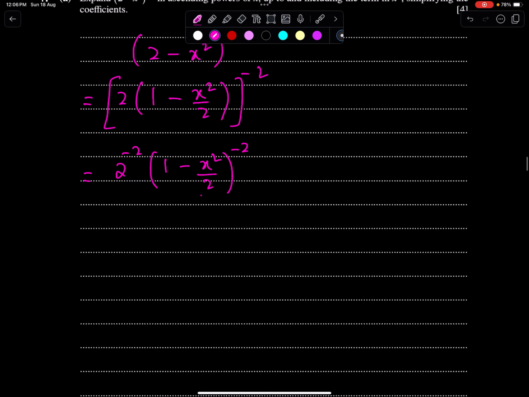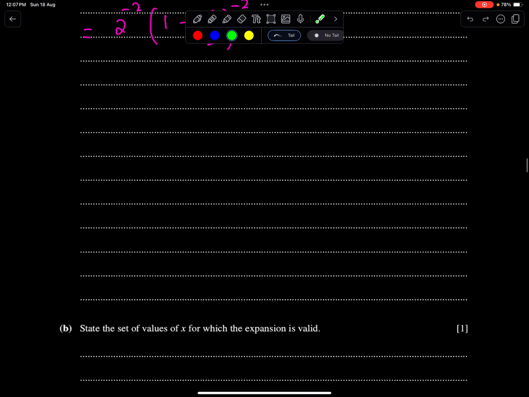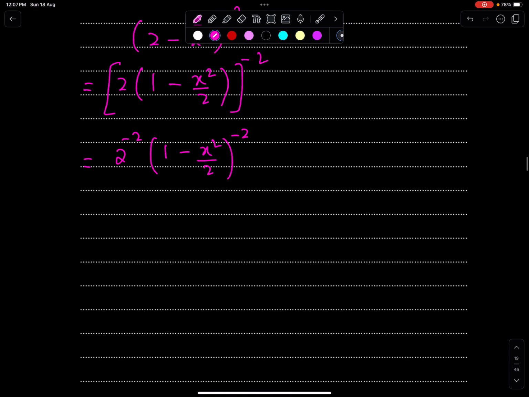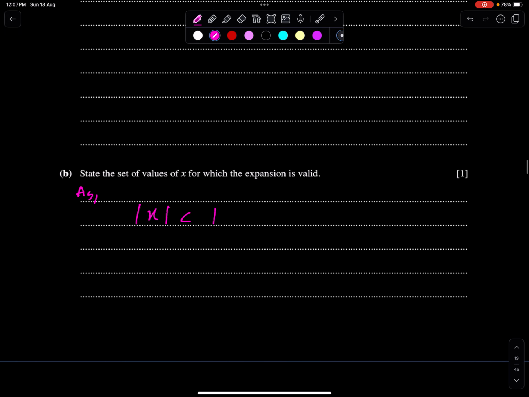Now see, the first term of the expansion is 1. Now we can use modulus x less than 1 into this expansion for the values of x for which the expansion is valid. So modulus x less than 1 and replace x by minus x square upon 2.